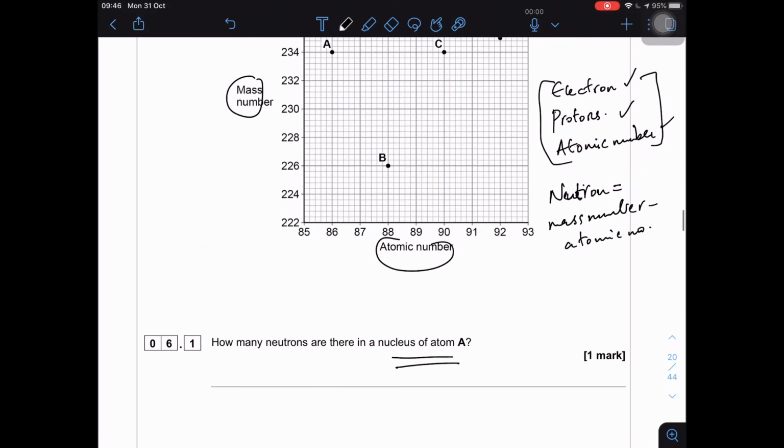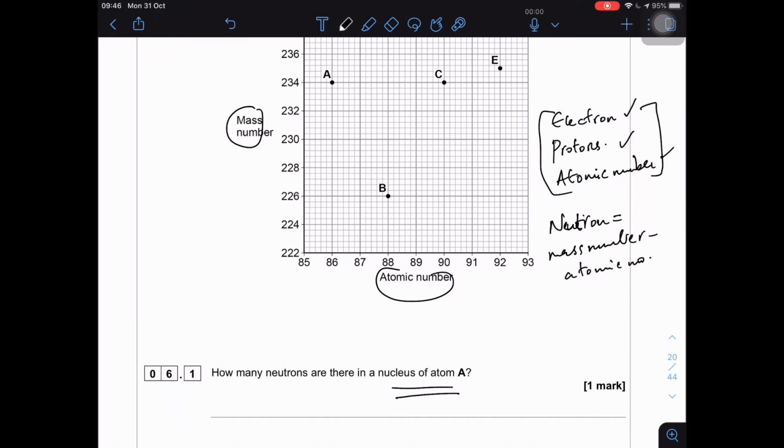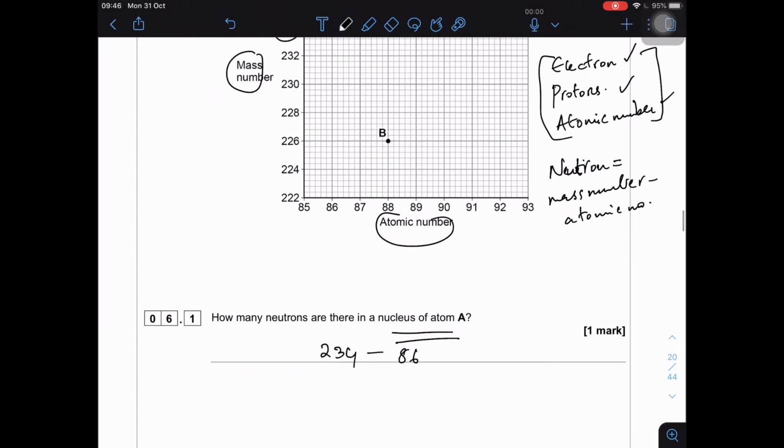So in nucleus of atom A, we have 234, that's a mass number, minus atomic number, which is 86. So 234 minus 86, you should get 148.